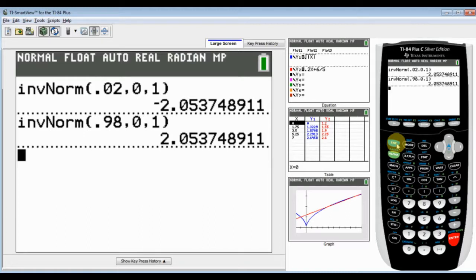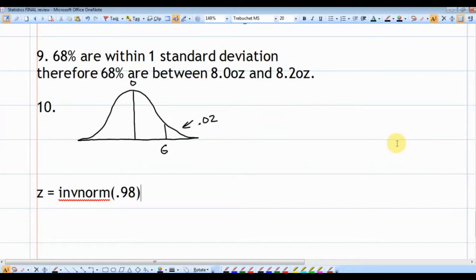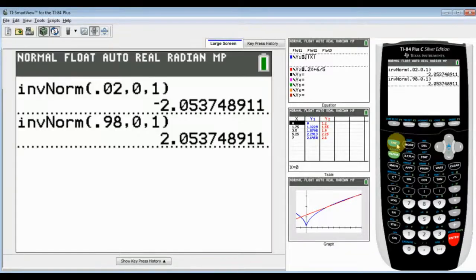It's equal to 2.05. Well, 0.02 is the area to the right, so the area to the left is 0.98. But because the normal curve is symmetric, you could do 0.02 and get the same thing, but negative.